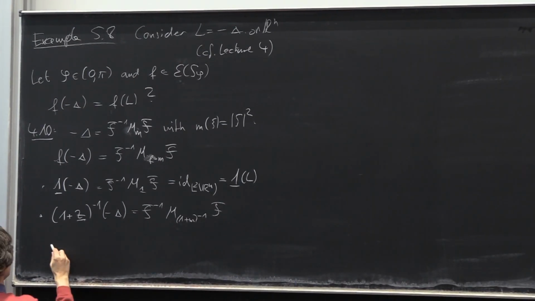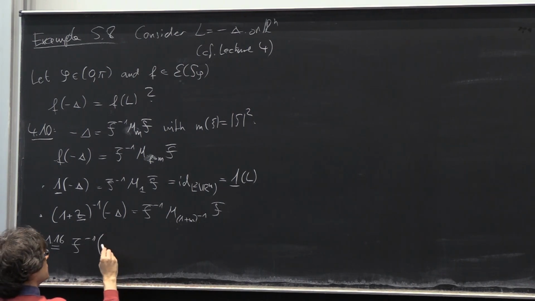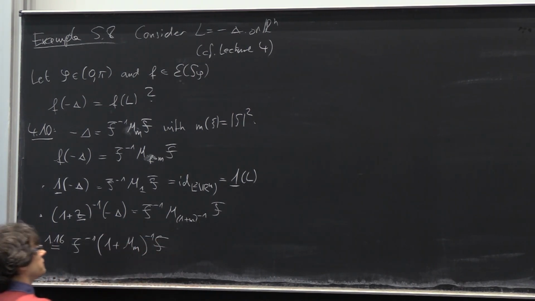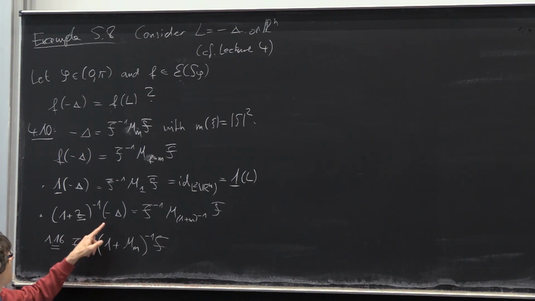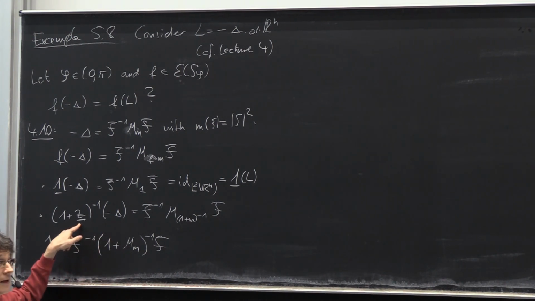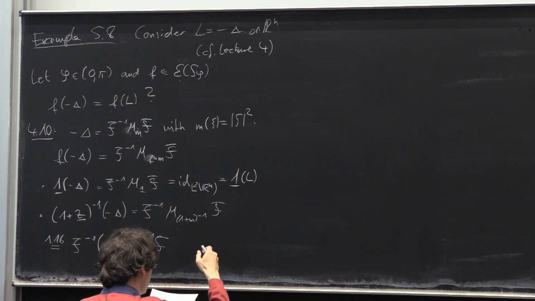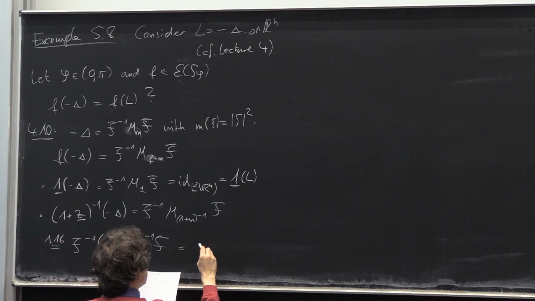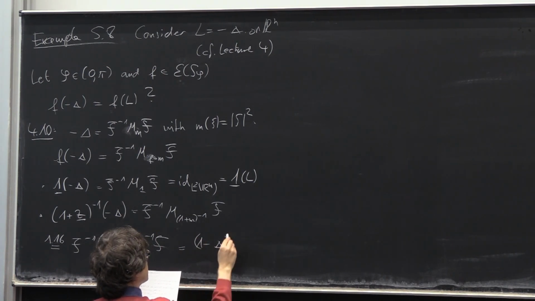This was long ago, but this was in the first lecture, 1.16, which tells you that this is 1 plus the multiplication operator with m to the minus 1. Okay. And this means putting the minus Laplace operator in this function in the calculus of chapter 4 gives you the inverse of 1 minus Laplace.